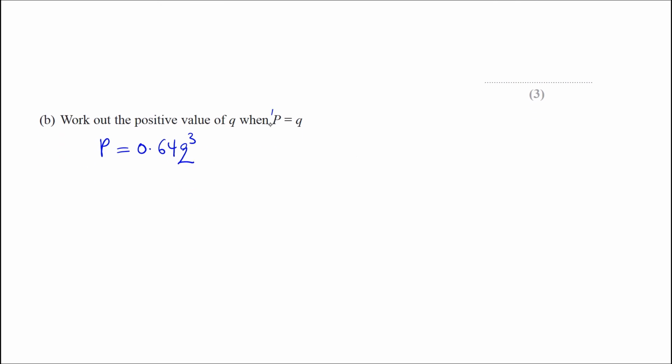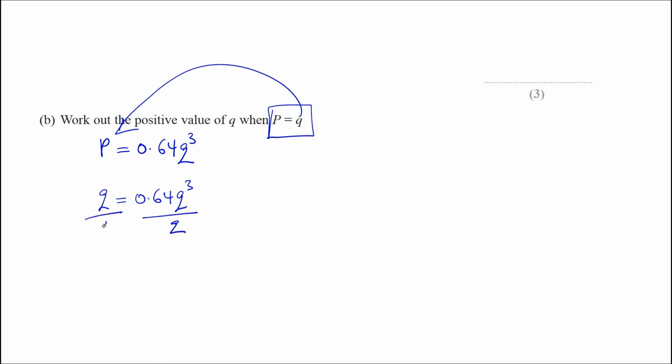But it states here that P is equal to Q. So in place of capital P, we'll plug in Q. So Q will be equal to 0.64 Q cubed. We can just divide by Q because we just want to find the value of Q. We know Q cannot be 0, so divide by Q.